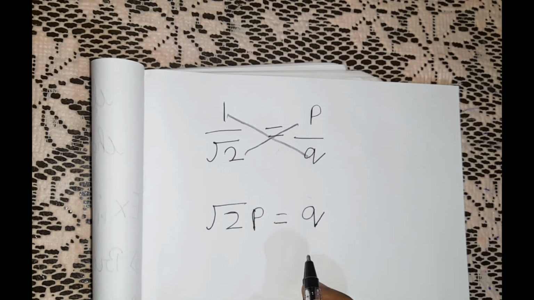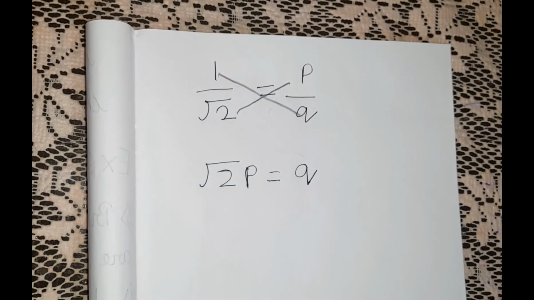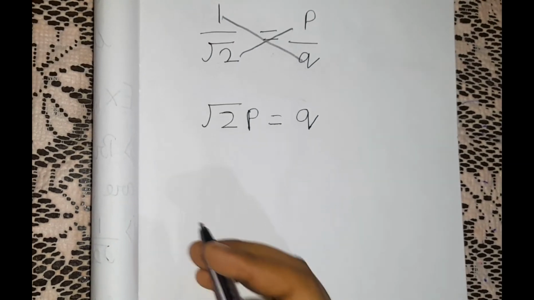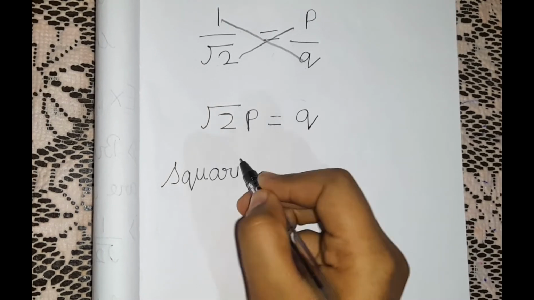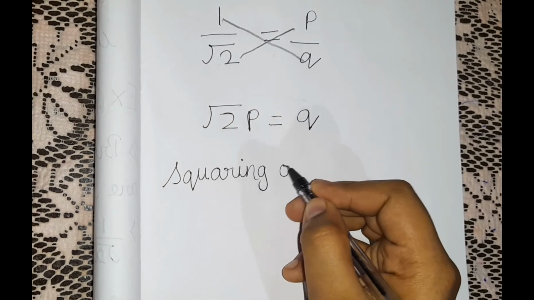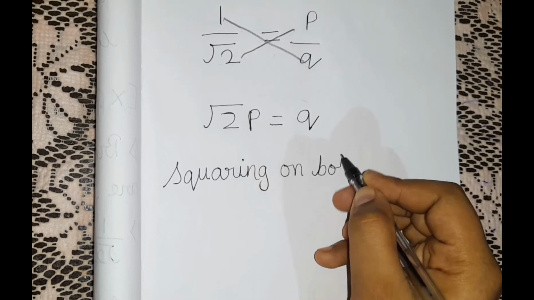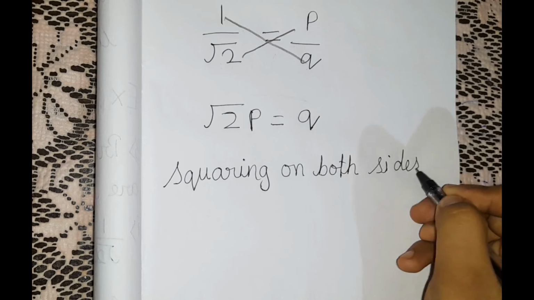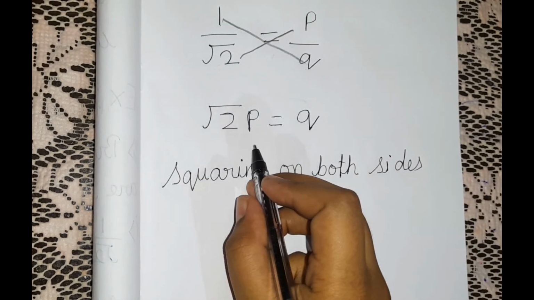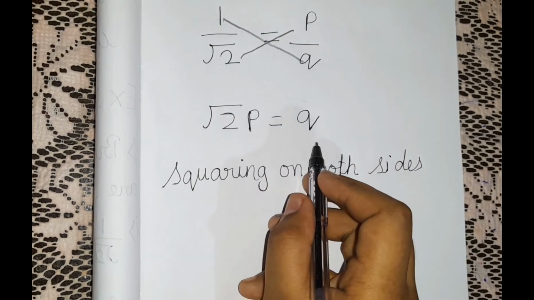Now we are going to be squaring it. Let's write squaring on both sides. Now let's write the form, that is root 2p is equal to q.